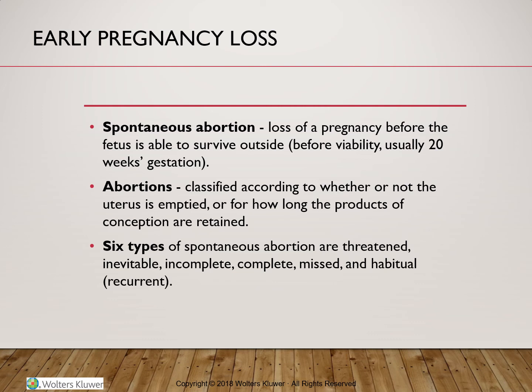The risk for spontaneous abortion will increase with advanced maternal age, history of previous spontaneous abortions, smoking, alcohol, substance abuse, uterine defects, and tumors. Most of the time, it's difficult to determine what exactly caused the miscarriage.